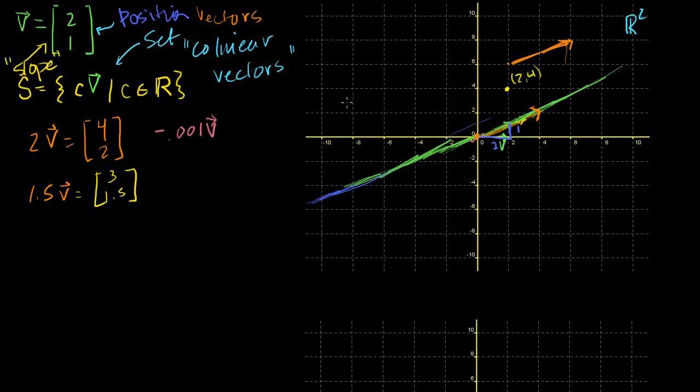Or if we're thinking in position vectors, we could say that point is represented by the vector. Let me call that x. It's represented by the vector x, and the vector x is equal to 2, 4.